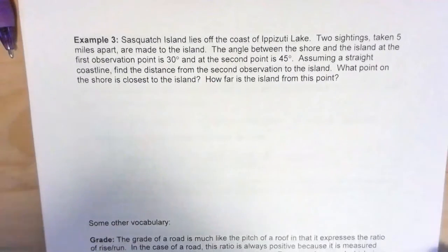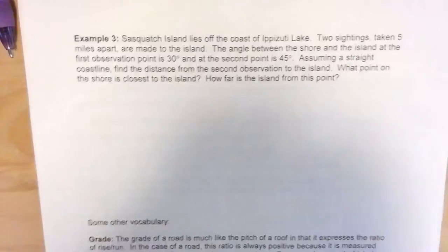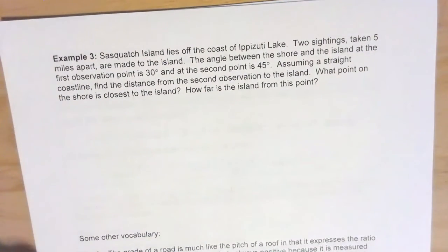Okay, next page. Sasquatch Island lies off the coast of Ipswich Lake. I don't know, whoever made this question. 2 sightings taken 5 miles apart are made to the island. So of course I am going to talk about this.